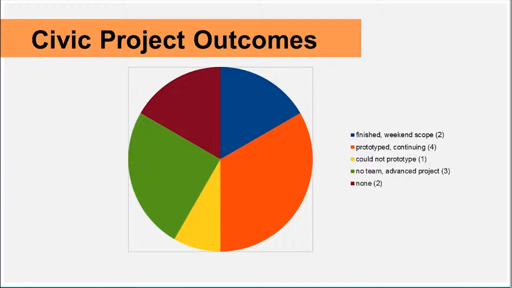So that's why, for instance, I'm really excited that those 4 projects that were prototyped, had additional work to do, are undergoing active development at this time. We had an Open Austin meetup last night and got updates from 3 of those 4 projects. So it's really exciting to see the benefits of this hackathon continue and not be this ephemeral one-day sort of thing. So that's the summary I wanted to present.